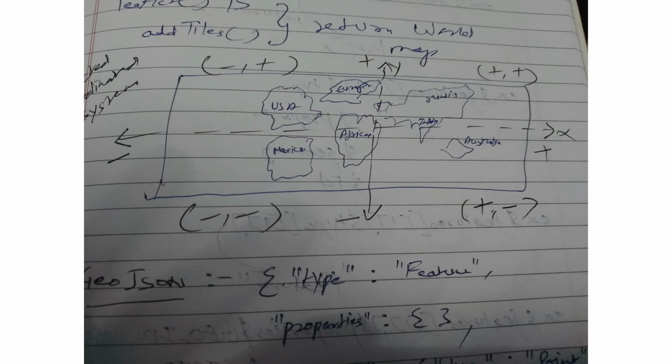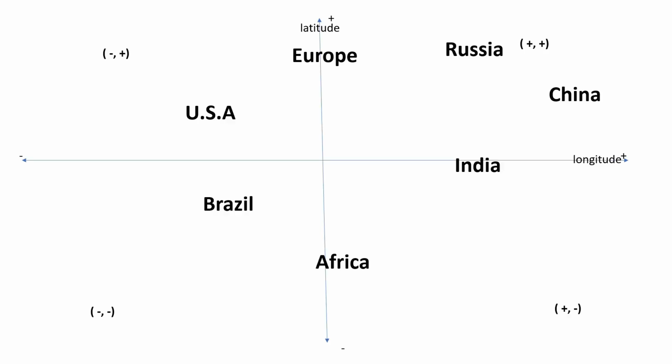This is a screenshot I took in the morning from my notes. It is basically like that. On the x-axis we have longitude, and on the y-axis we have latitude. Why is longitude on the x-axis and latitude on the y-axis? It is your homework.